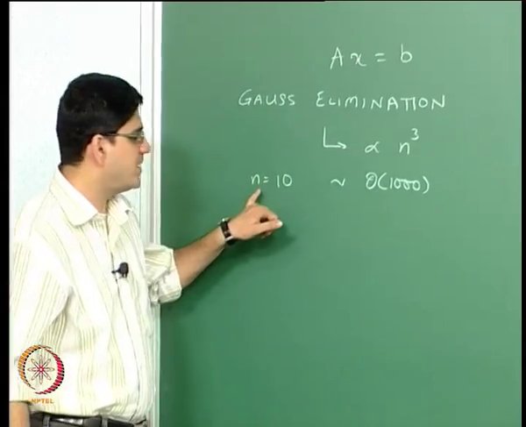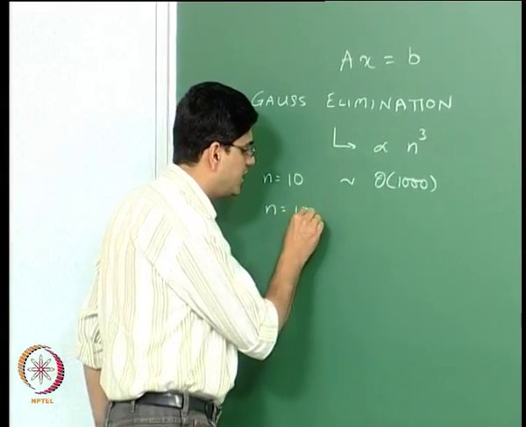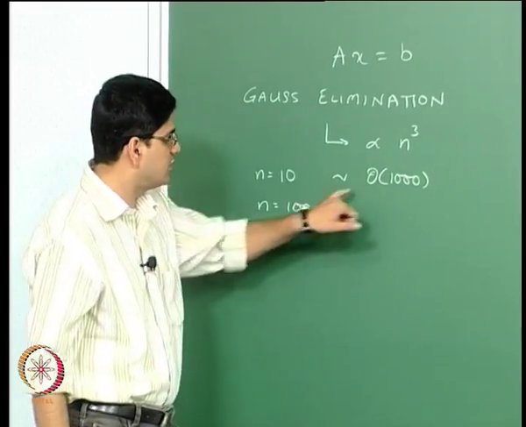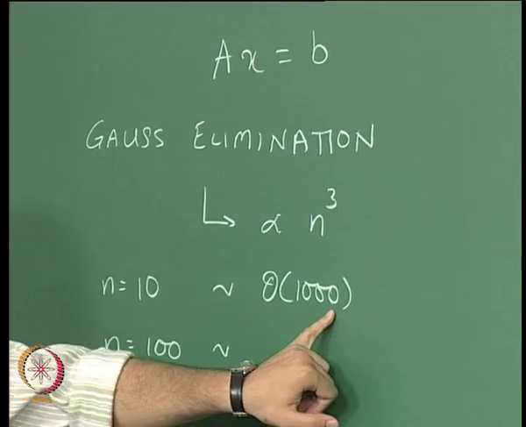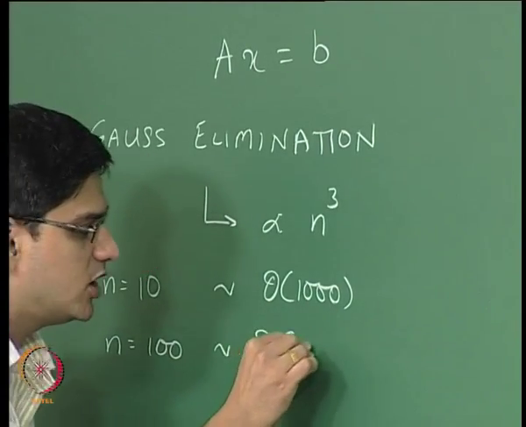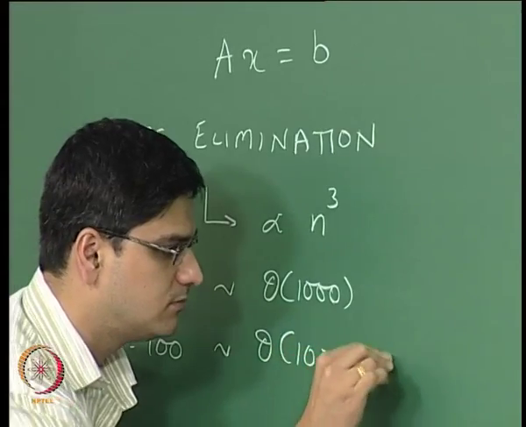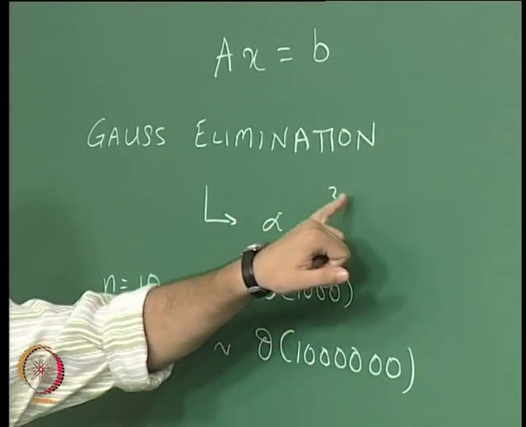Okay. However, from n equal to 10 we go to a slightly larger problem with say n equal to 100. The number of computations required increases from 1000 to 1 million, and that is because Gauss elimination scales as n to the power 3.